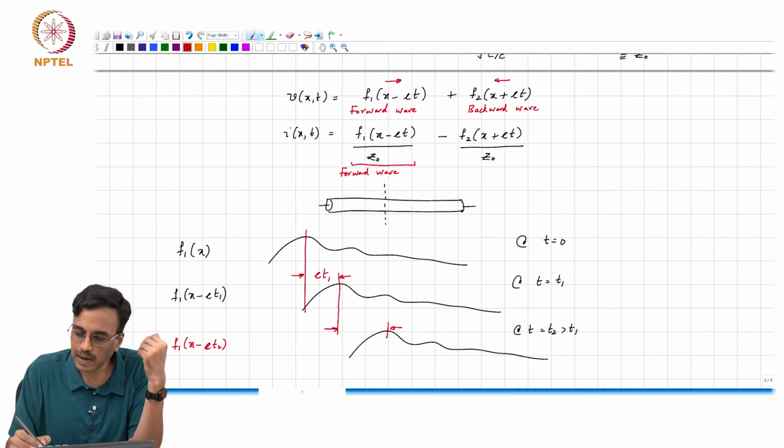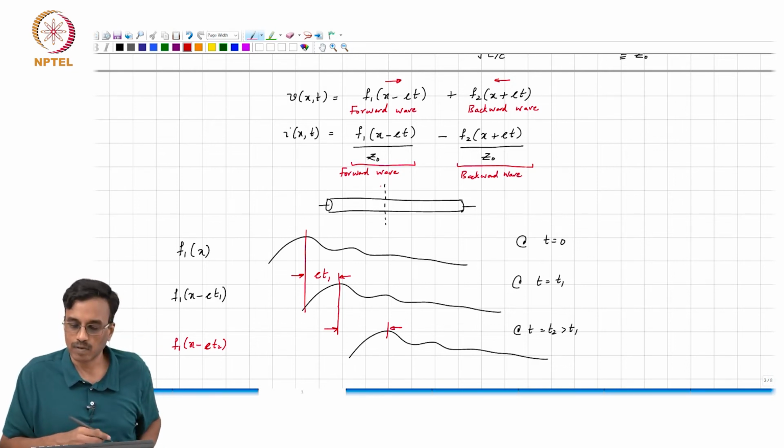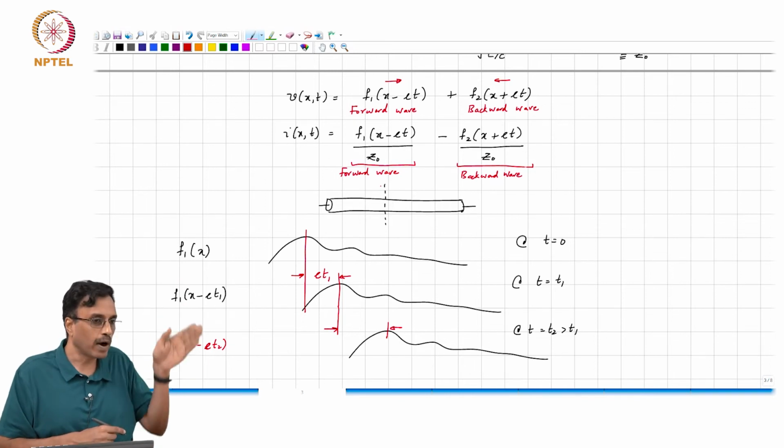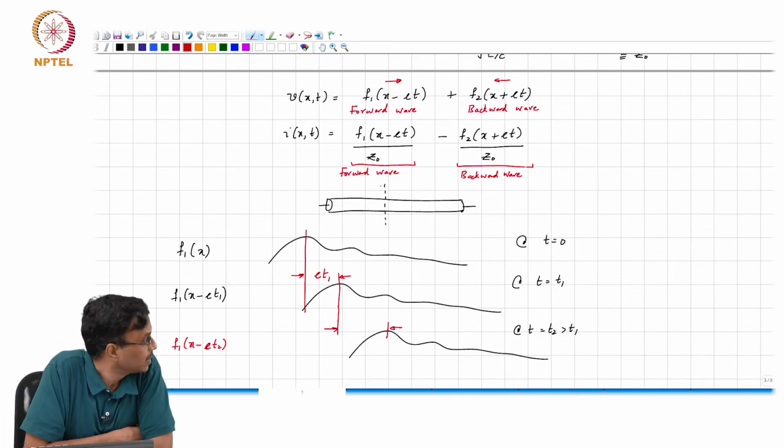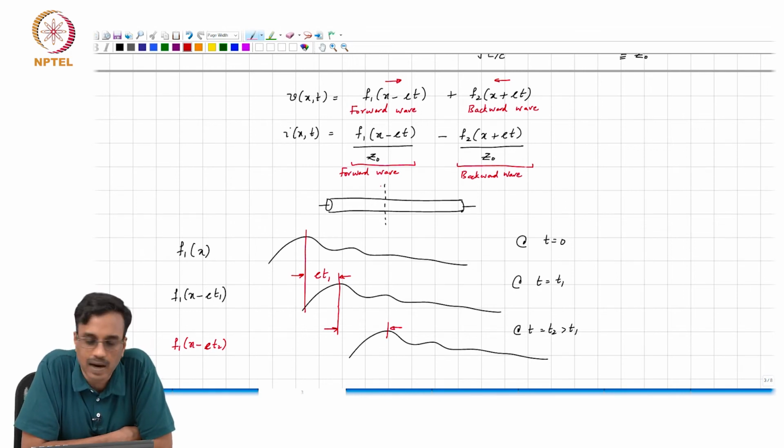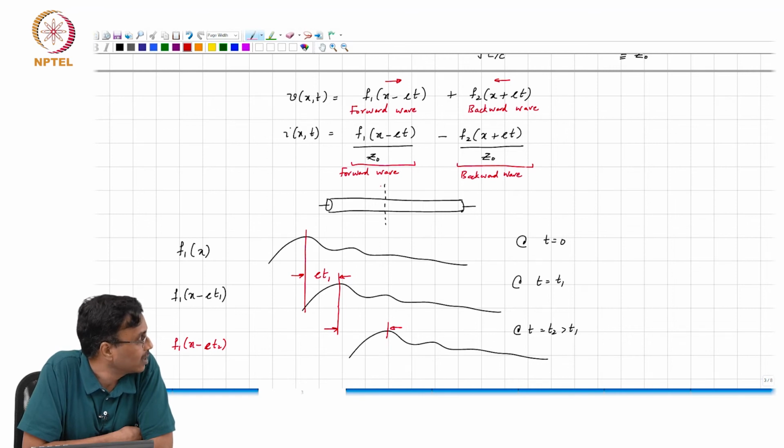Okay. So, basically this is the backward current wave. So, at any point on the transmission line, you can write the voltage waveform as a sum of the forward and the backward travelling voltage waves, and the current at that point is basically the difference between the forward and backward travelling waves, okay.